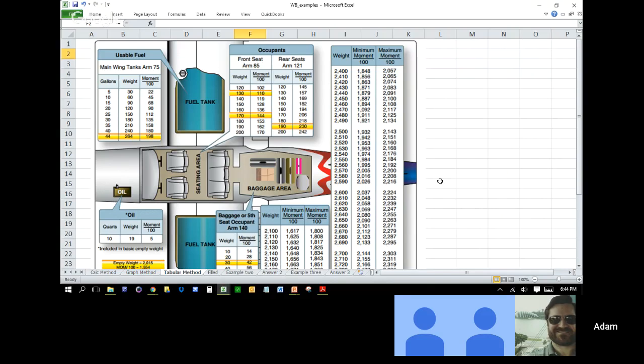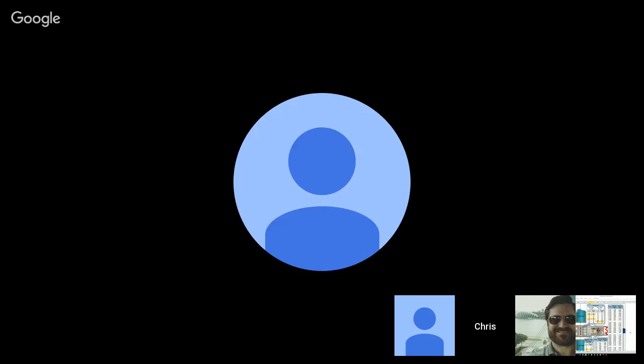The airlines take the passenger manifest and do their weight and balance based on that. Okay, there's room for error there, though.